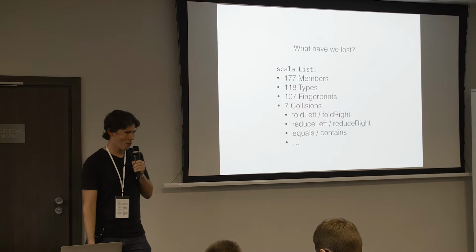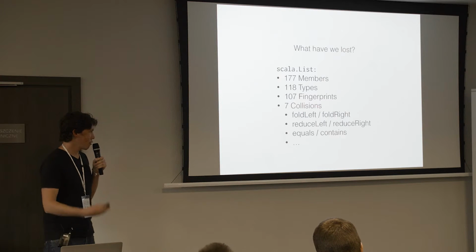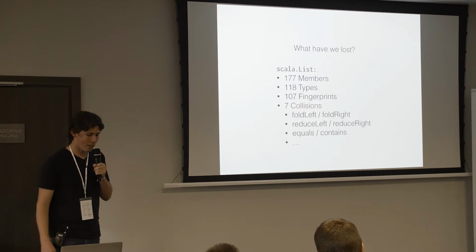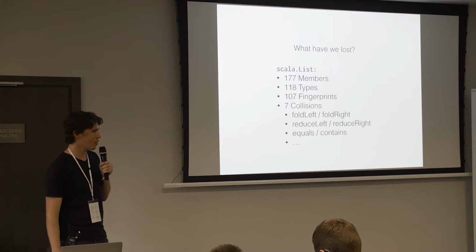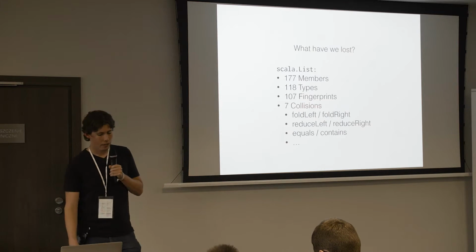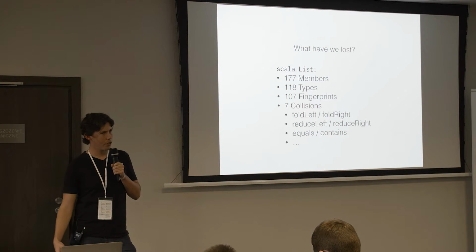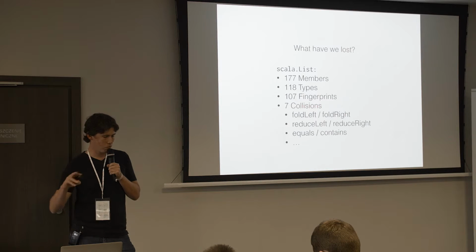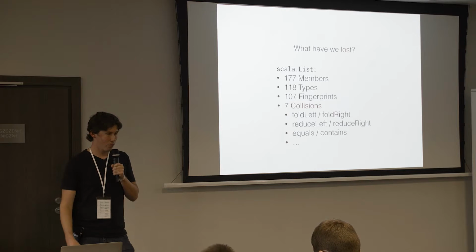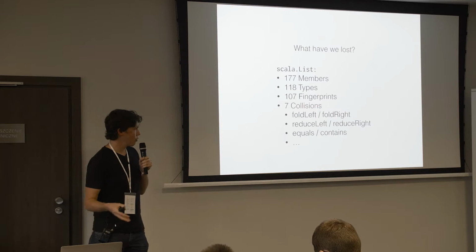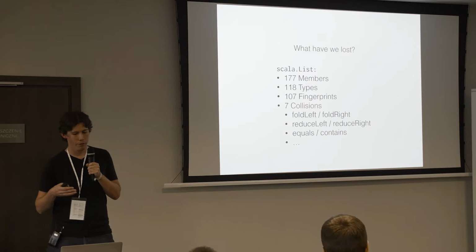What have we lost? We already talked about it, so here's some more information. When we take Scala list as an example, we have 177 members. There are 118 unique type signatures, so some share the same, and those type signatures will be transformed to 107 distinct fingerprints.